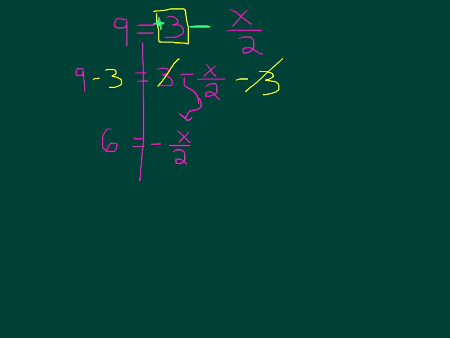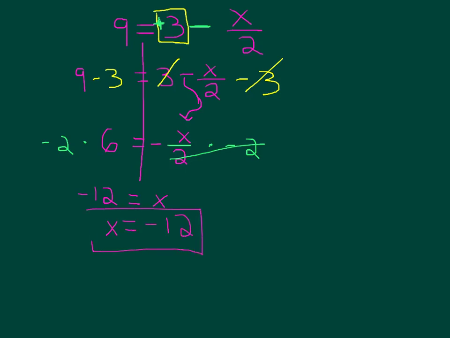So now I'm down to a one-step equation, and I need to do the opposite of division, which is multiplication. So I need to multiply both sides by a negative 2. So here it cancels, and x equals negative 12. Or if you write it the other way, x equals negative 12 is my solution.